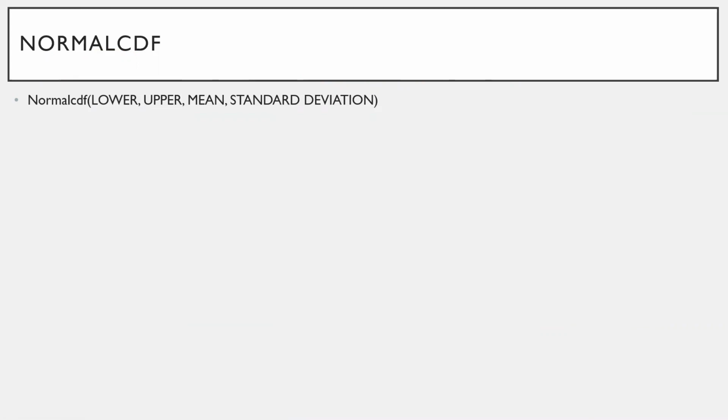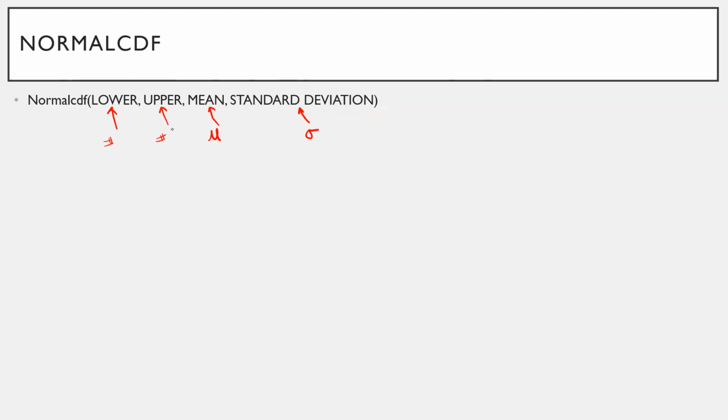So the normal CDF requires you to input 4 things into the graphing calculator. The lower value and the upper value, I will explain what those are as you do the problems. It asks you to put in the mean, which is mu, and then the standard deviation. The lower is just going to be some number, the upper is just going to be some number.